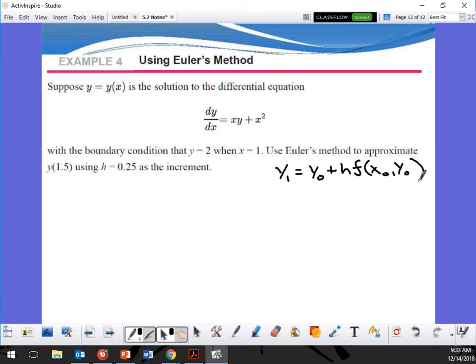What else do I know? And do I know x sub naught? Okay, so there are my conditions, right? So what am I doing with that information? Okay, let's do that. If I plug it in, where are we going to end up?